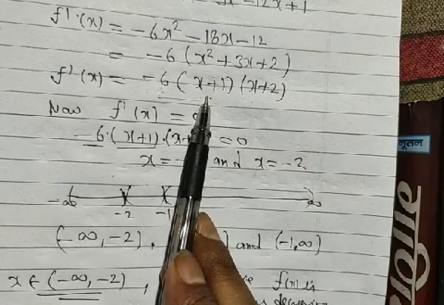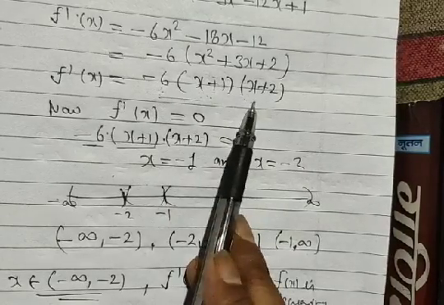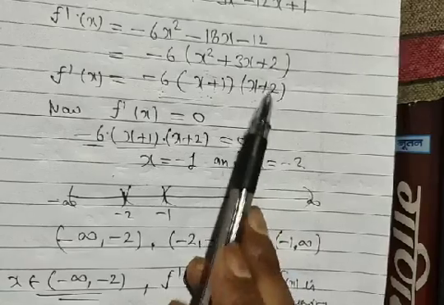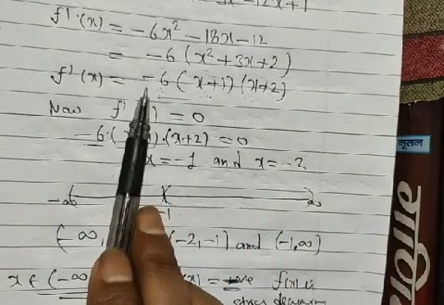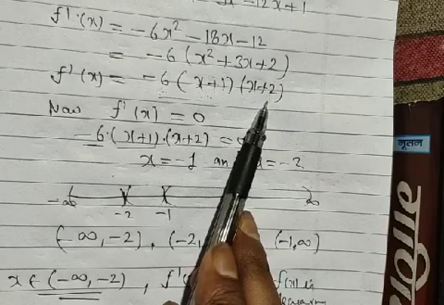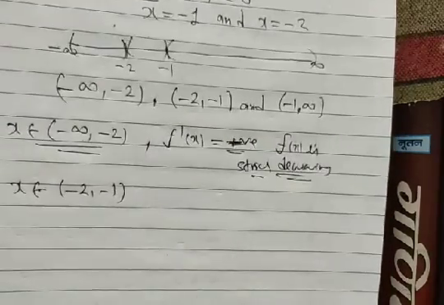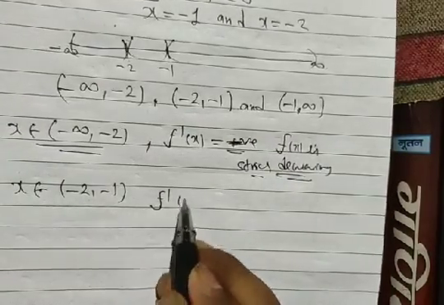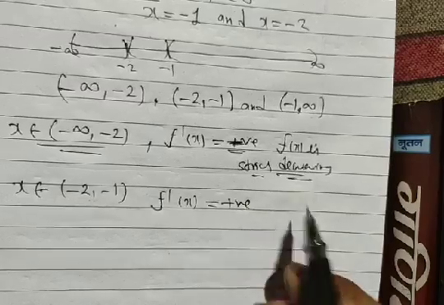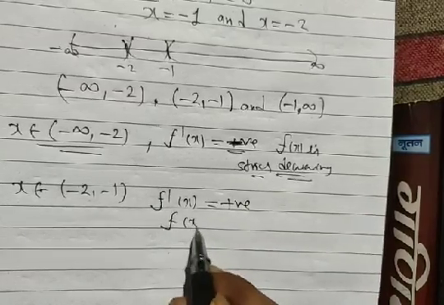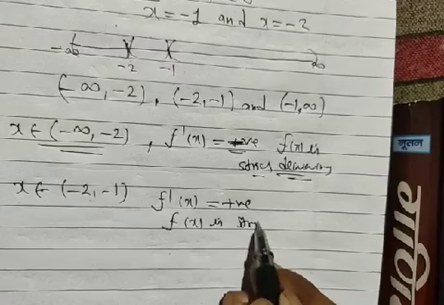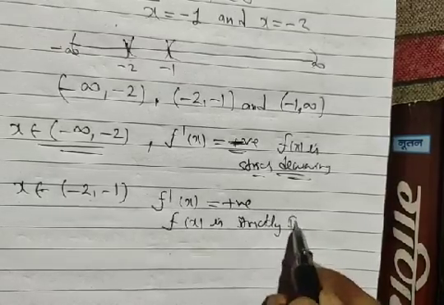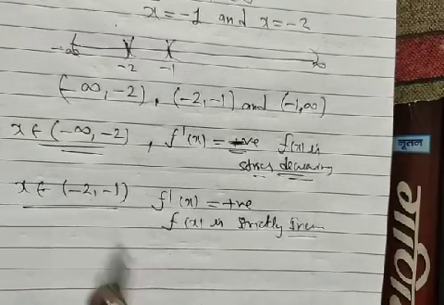But x plus 2 has a positive sign, because x lies between minus 2 and minus 1. So we have negative, negative, and positive: minus minus plus gives a positive sign. In this case our derivative is positive. Then in this interval our f(x) is strictly increasing, when x belongs to minus 2 to minus 1.